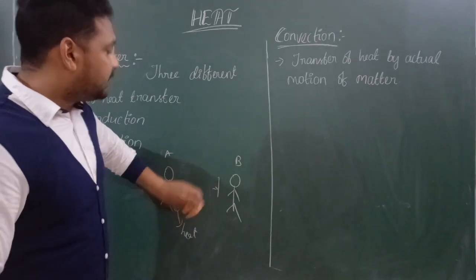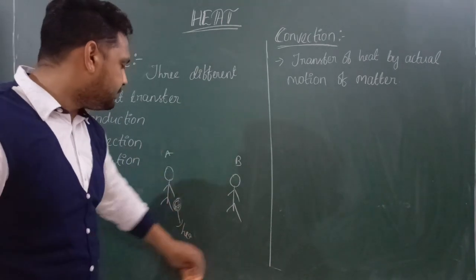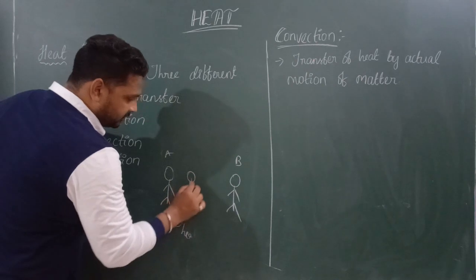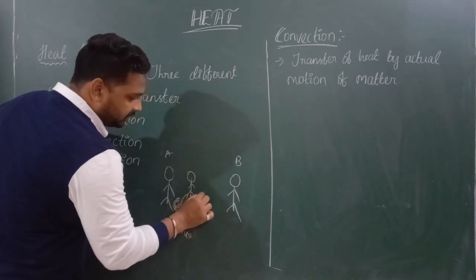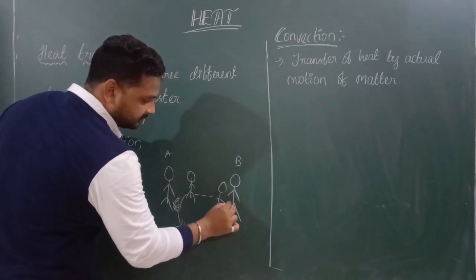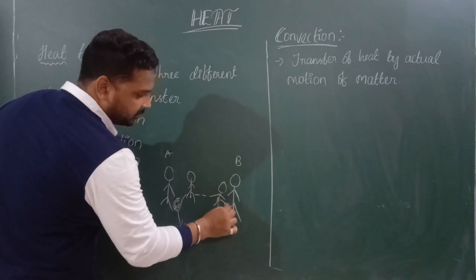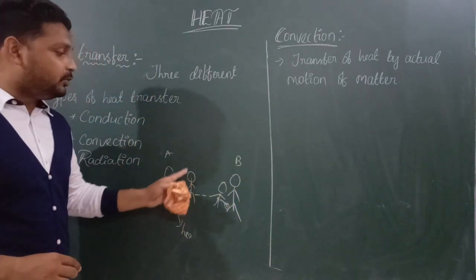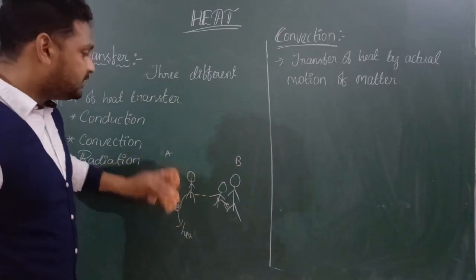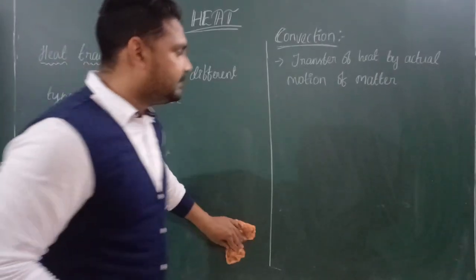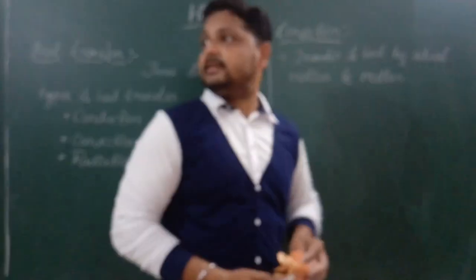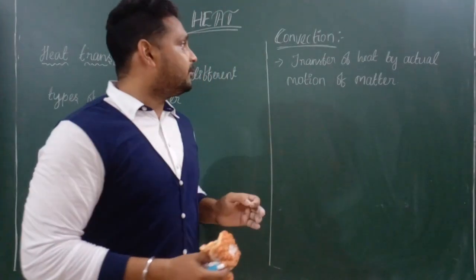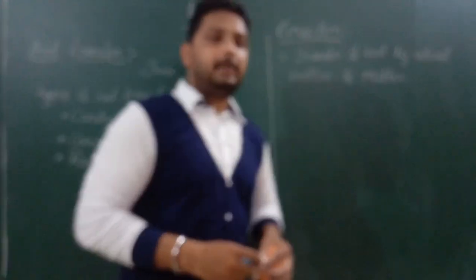But in convection, one person takes the ball, goes and gives it here, and gives the ball here. So the heat is moving along with the person, along with the particle. This process is called convection, the transfer of heat by actual motion of particles.